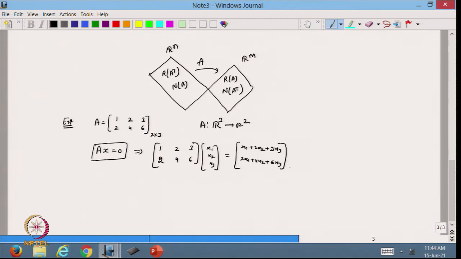So this is a vector I am going to get, of size 2 cross 1, so it belongs to R2.